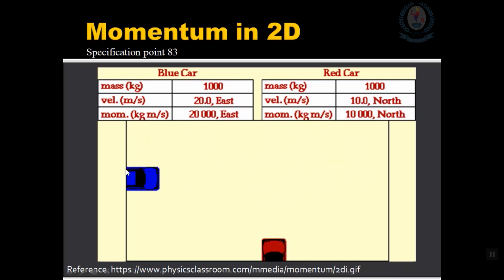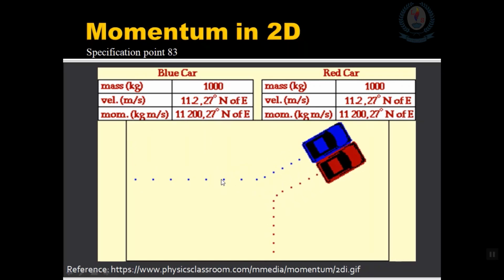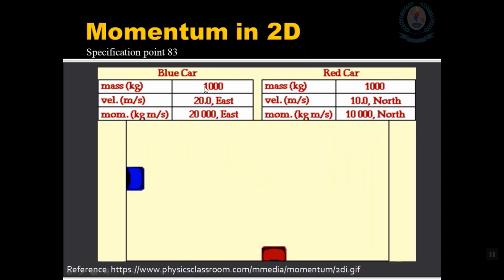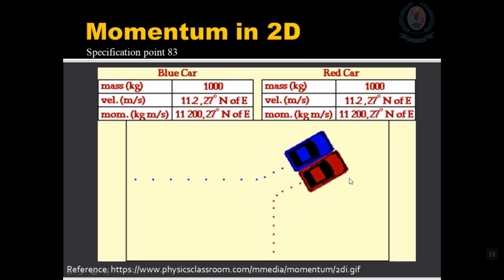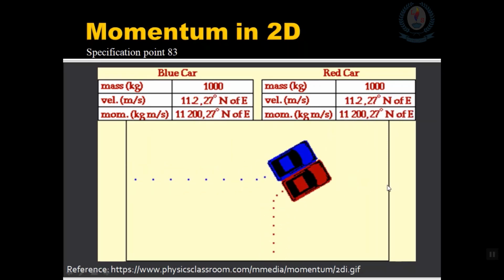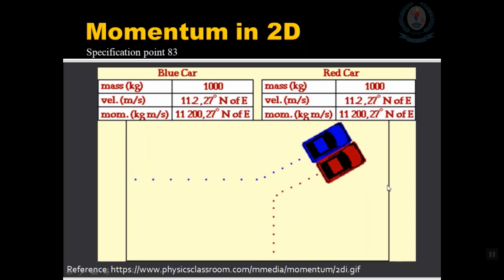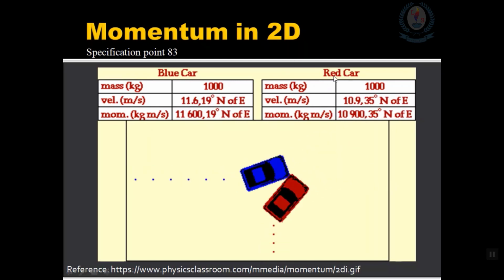If it is so, this blue car, we can consider that it has an initial momentum of 1000 multiplied by 20 towards right. But the red car is not moving towards right, so its initial momentum towards right is 0. So initial momentum towards right is 20,000.